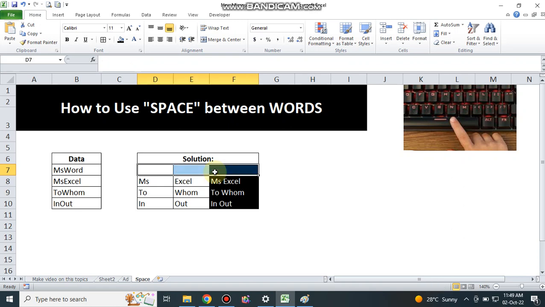I deleted MS, the two alphabets start from the left hand side, therefore I use equal to left, select this cell, and we require only two alphabets from left, therefore I use comma and press 2, enter. You see MS Word comes.